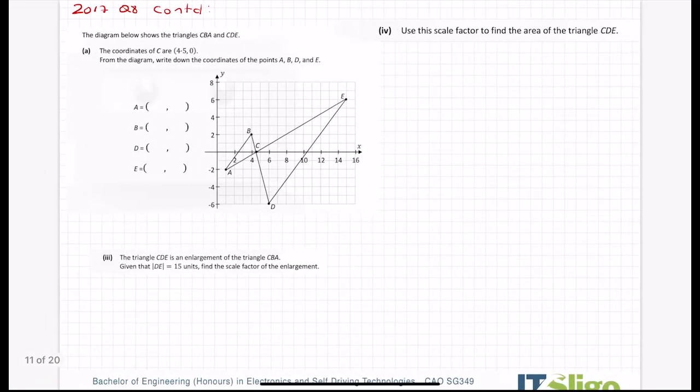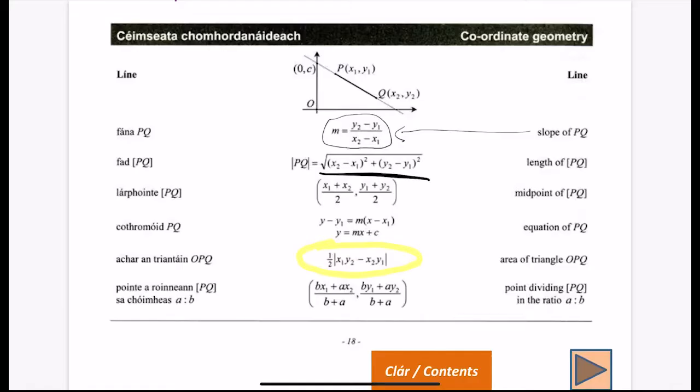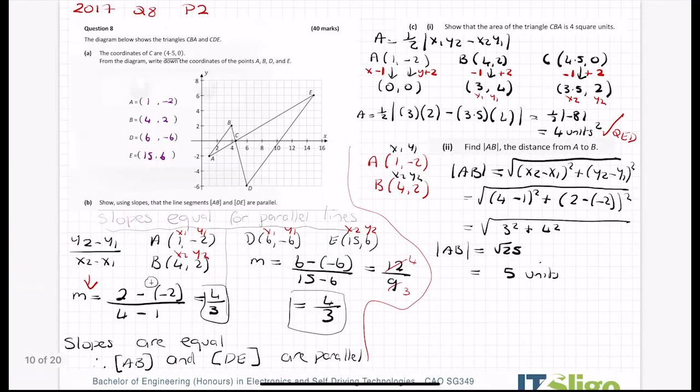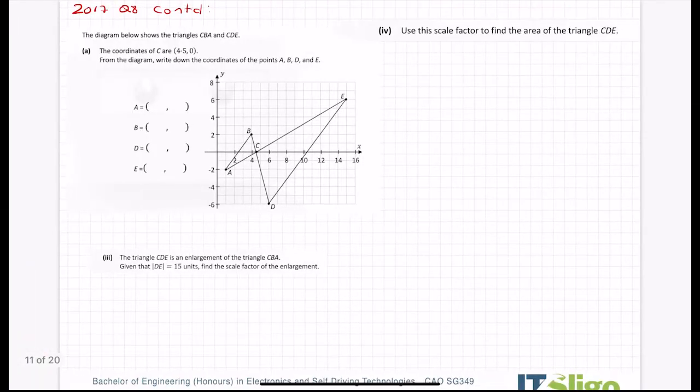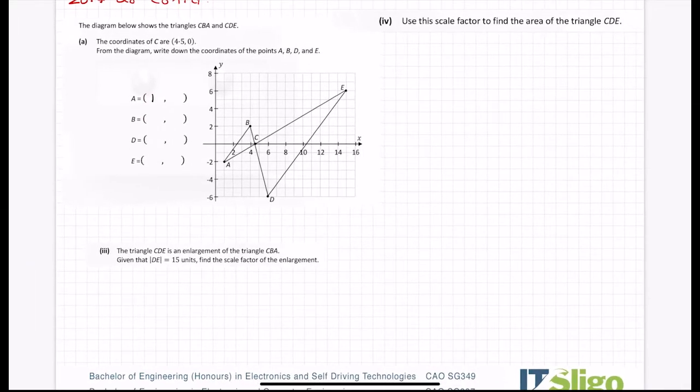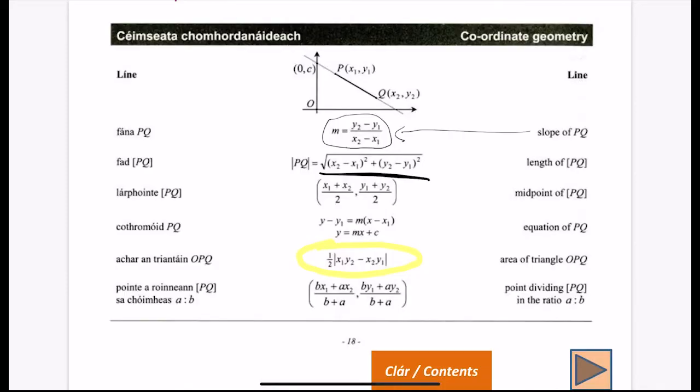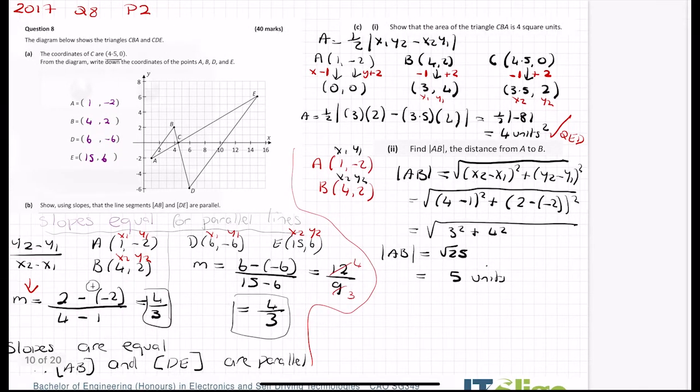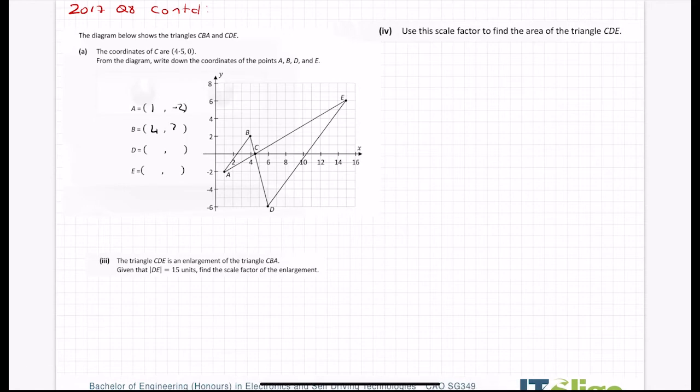Okay, so there was more to that question. I just copied down the diagram again just to help us along. Let me write in some of the points. 1 minus 2. 4, 2. 6 minus 6. And 15, 6, wasn't it?